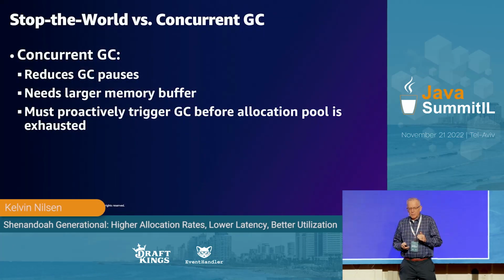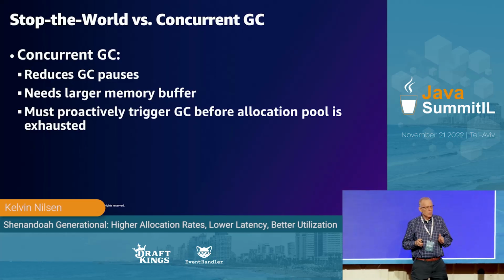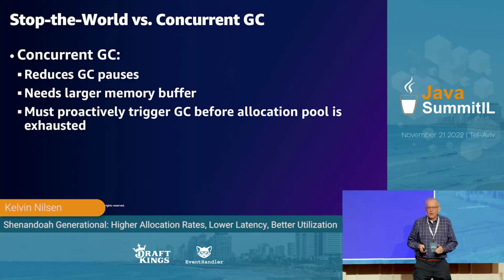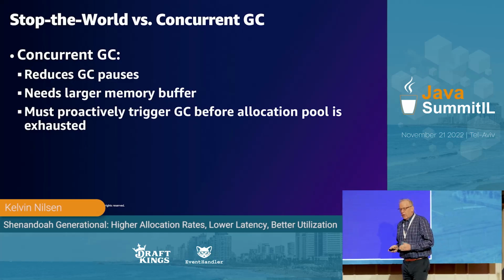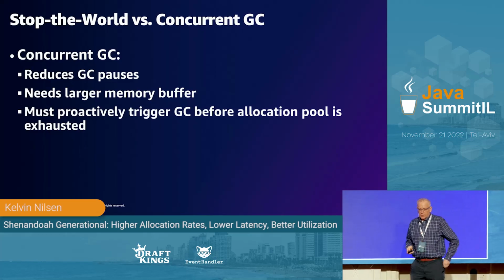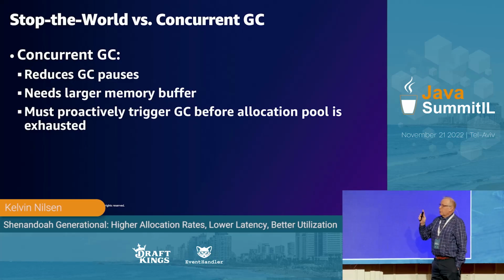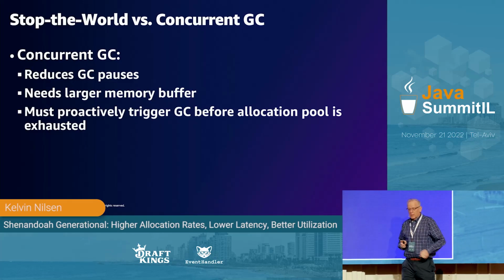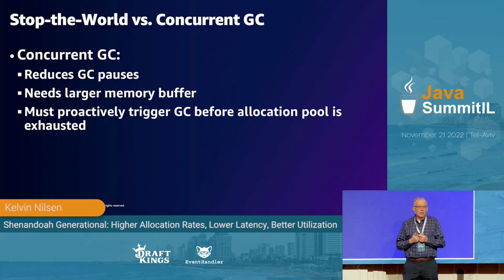So I want to talk a little about some of the difficult challenges and trade-offs we face when we move from a stop-the-world garbage collector to a concurrent garbage collector. So first of all, a benefit, reduced GC pause time.